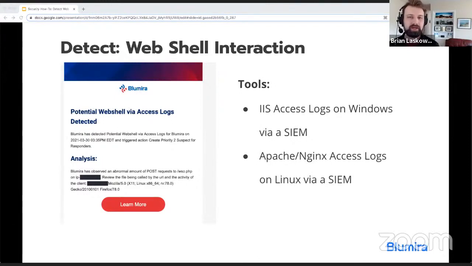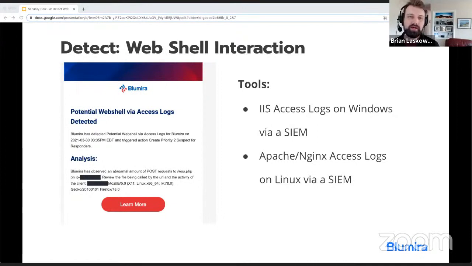Well, there are some other tells that most web shells exhibit. When I visit google.com or whatever, I am requesting information from that website, and it gets sent to me with something called a GET request. Web shells, on the other hand, need to send information from the client and push it to the server. And so most of the time, that's going to be POST traffic.